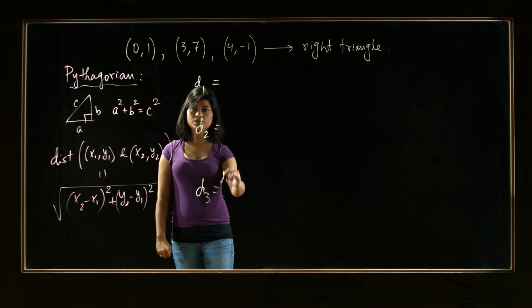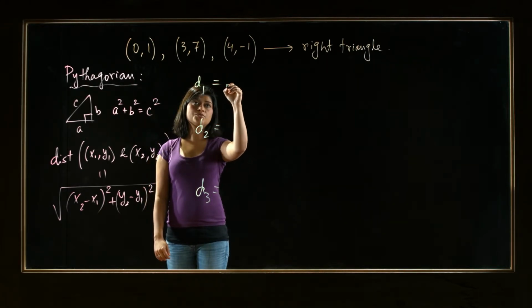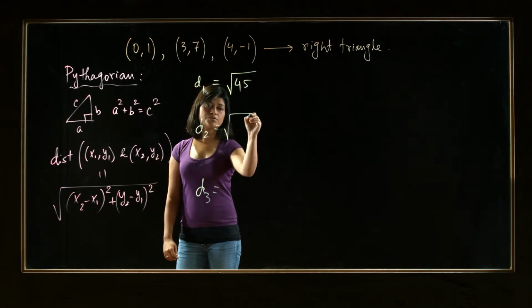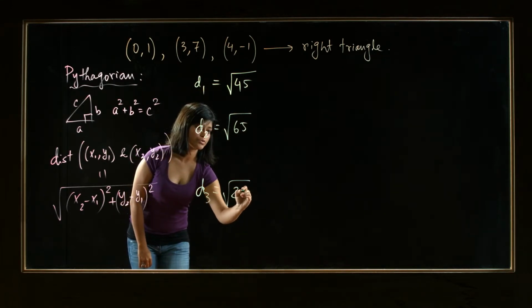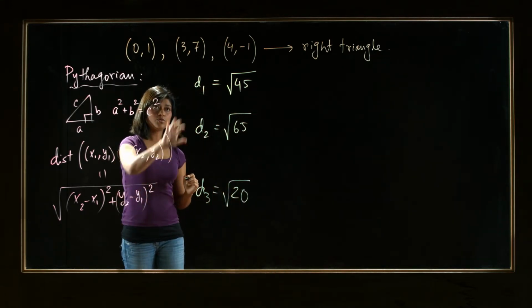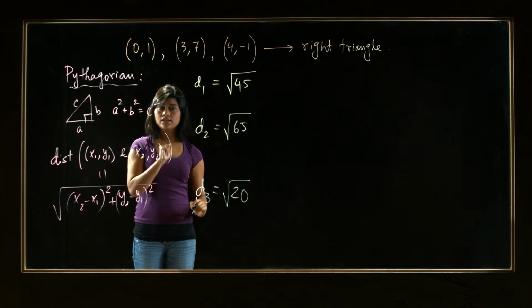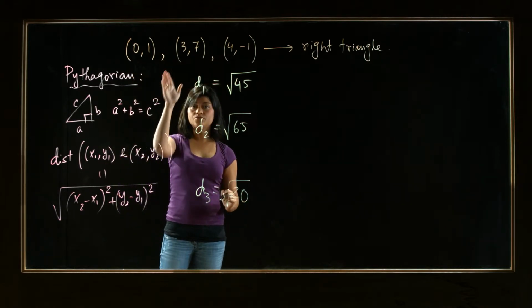D1 is the square root of 45, D2 is the square root of 65, and D3 is the square root of 20. Now we have to figure out whether they will form a right triangle.